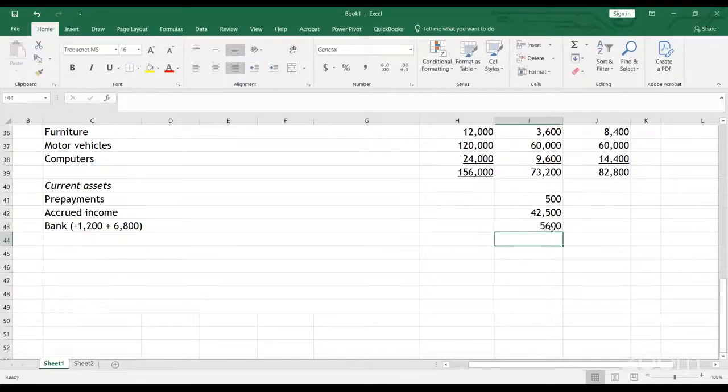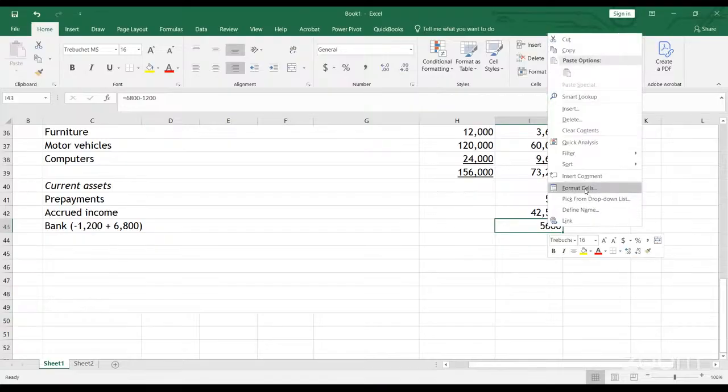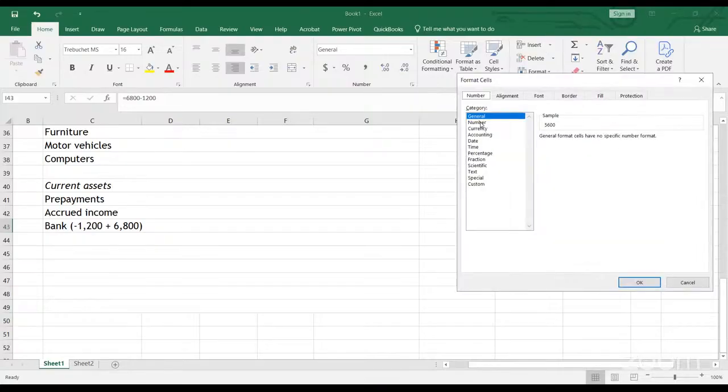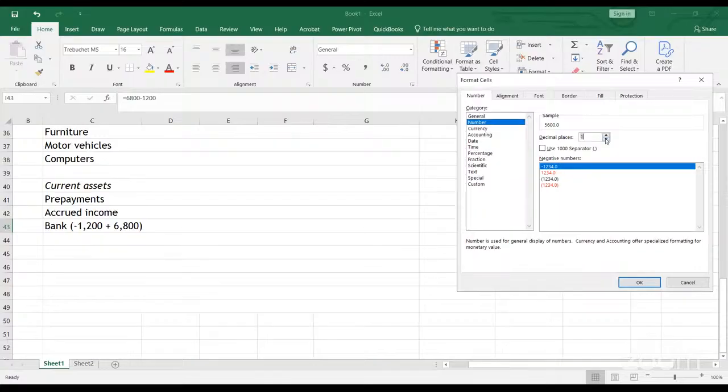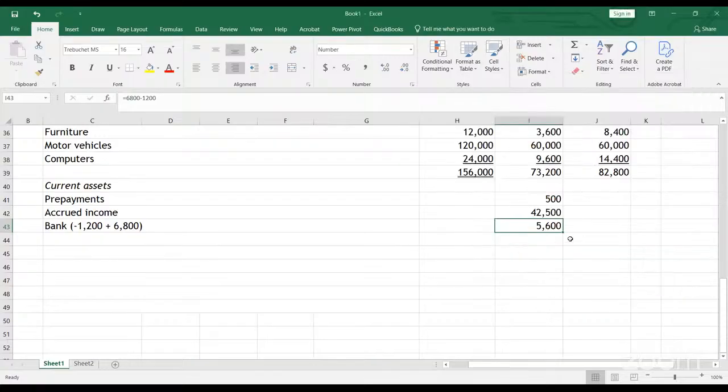This will give you 5,600 as the bank balance now. Initially, it was an overdraft, but there is some money that we had received, but it was not recorded anywhere. So now the balance will be positive 5,600.